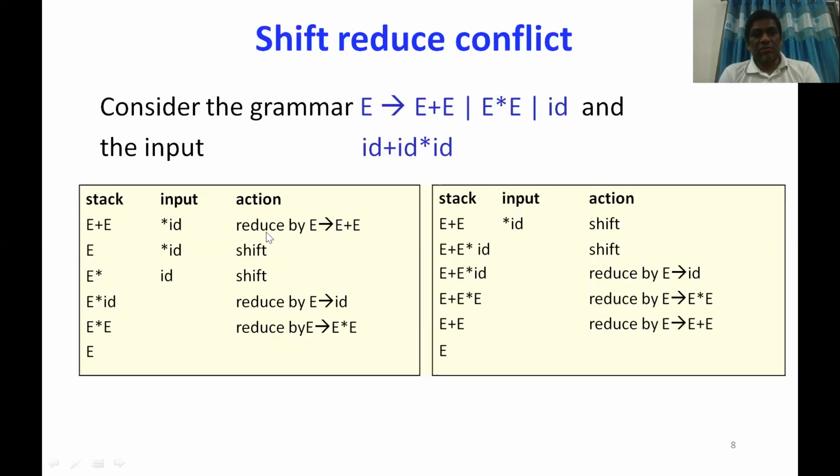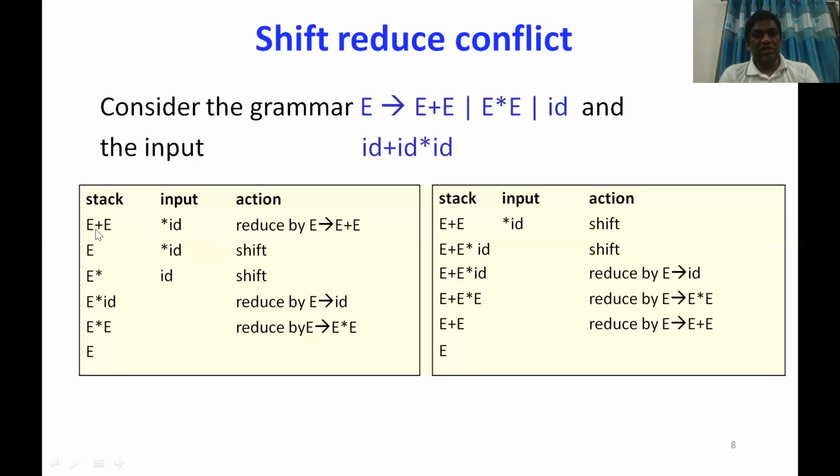Now the possibility is that you can reduce by E implies E plus E, because E plus E is a handle matching this, so we can replace this E plus E by its LHS, capital E. So at this point you have the option to reduce E implies E plus E. If you look at the same example, I can also shift the star onto the stack. So the shift option is also available for the same situation.